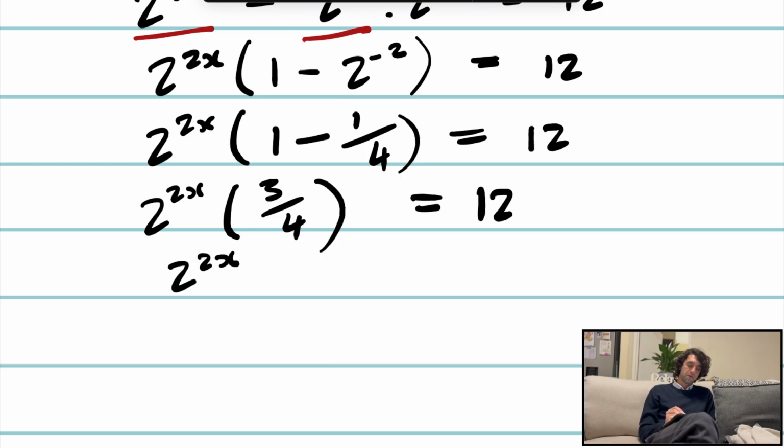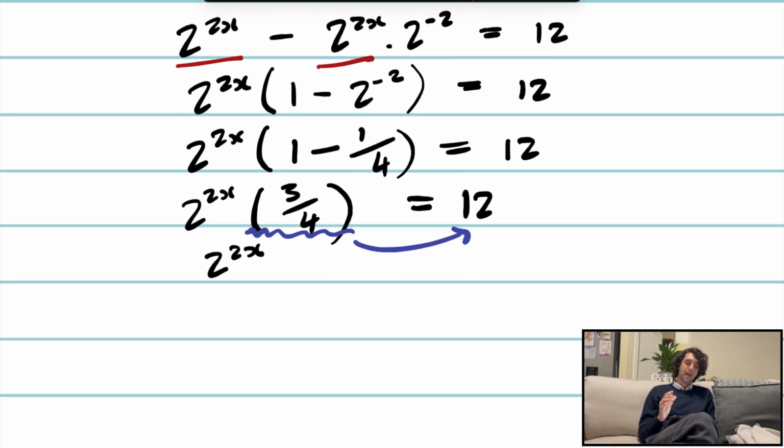So what I'm going to do now is take this 3 over 4 and bring it over to the other side. When I bring this over to the other side, it gets inversed and becomes 4 over 3. So I get 2 to the power of 2x is equal to 12 multiplied by 4 over 3.